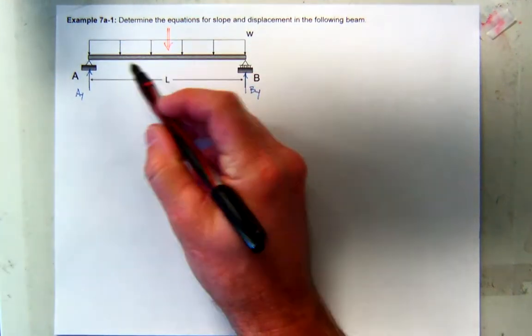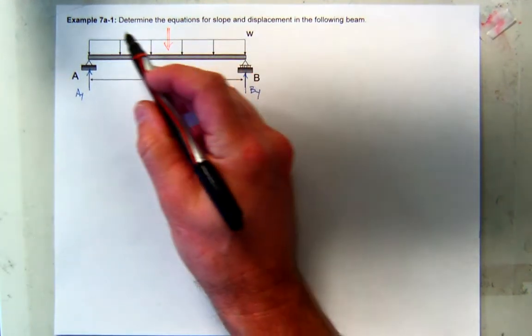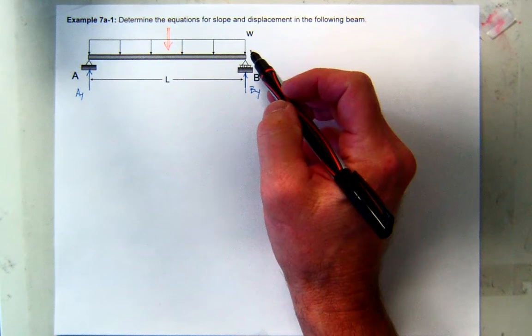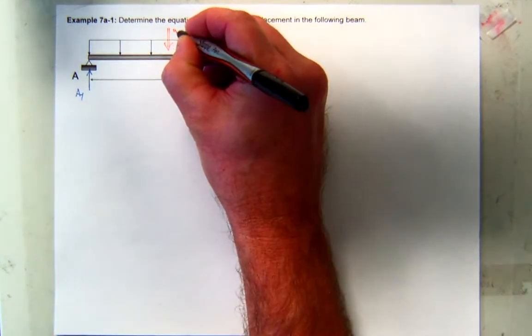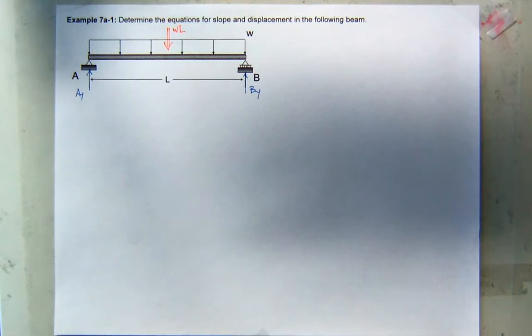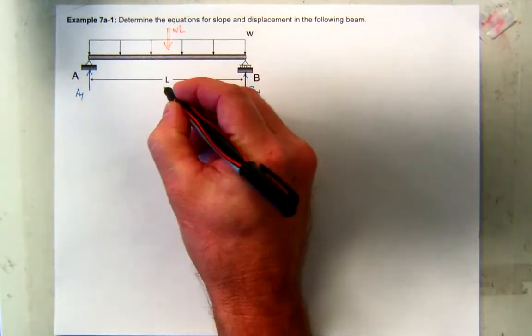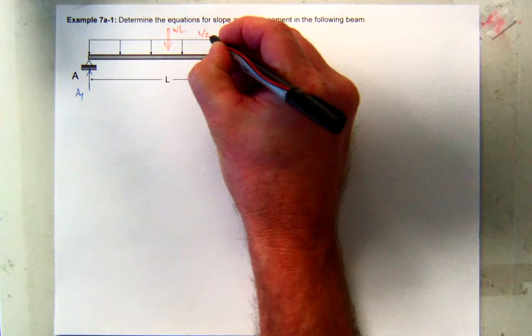And that would be what? Well, it would be the area under the curve describing the load, which is a rectangle. So the area is going to be base times height. So this load is just going to be WL. And it's going to act through the centroid. And of course, the centroid would be half the distance. In this case, it would be L over 2.